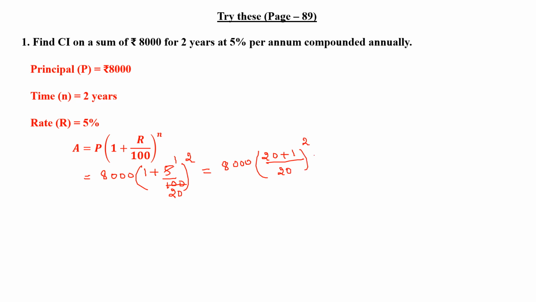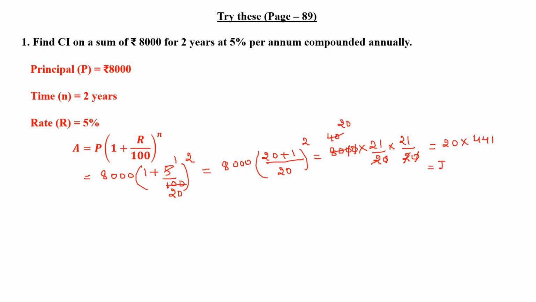So it will be 8,000 multiplied by 21 by 20 into 21 by 20. So this 0 you have to cancel out. 2 times 40 and then 2 times 20. So now it will be 20 into, and 21 into 21 is 441.